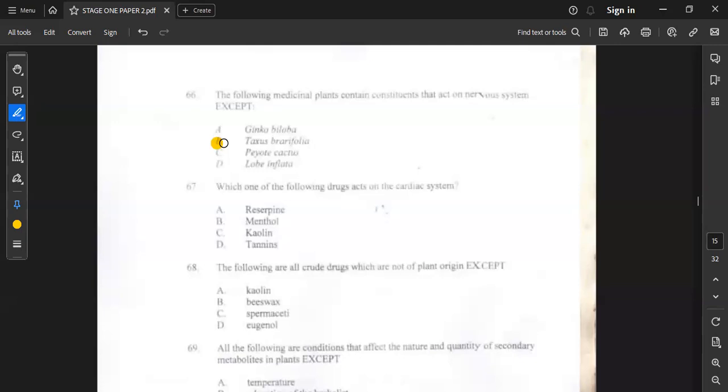Sorry, I lost the chat for that Lobelia inflata. What is it used for? It's an Indian tobacco, so it has a use in respiratory conditions such as asthma, bronchitis, pneumonia, and cough.